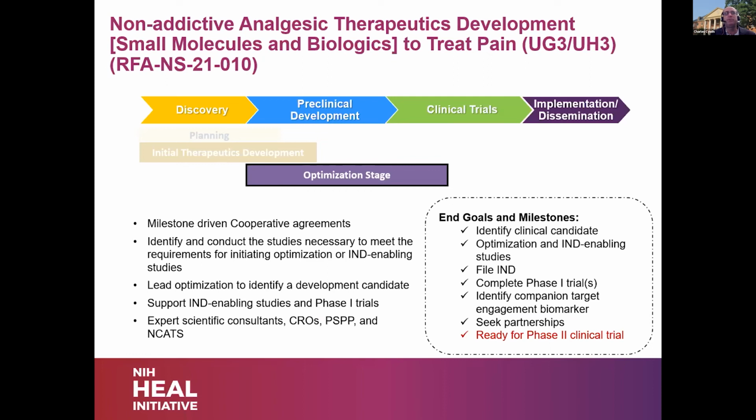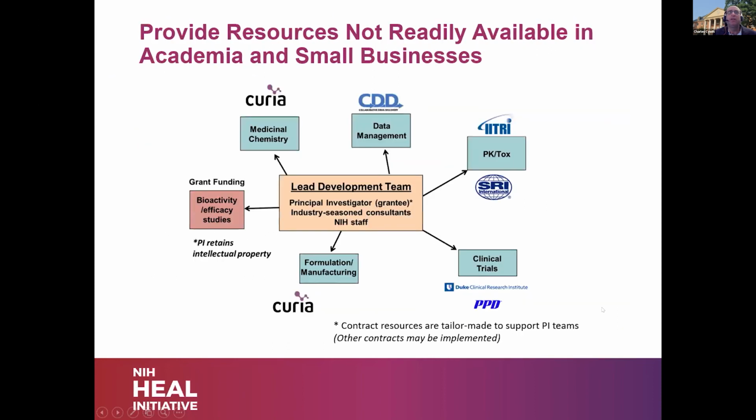It is milestone driven. It also has a desire to find and identify a companion target engagement biomarker for the program. We're utilizing the same contract structure as BPN and leveraging, adding additional contractors to the different disciplines as we can.